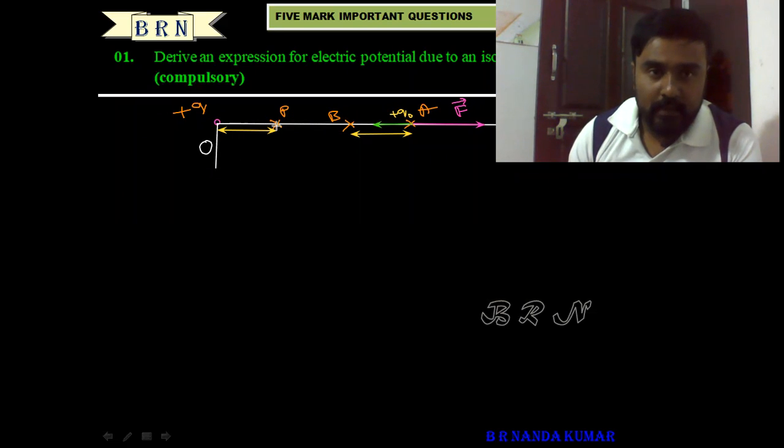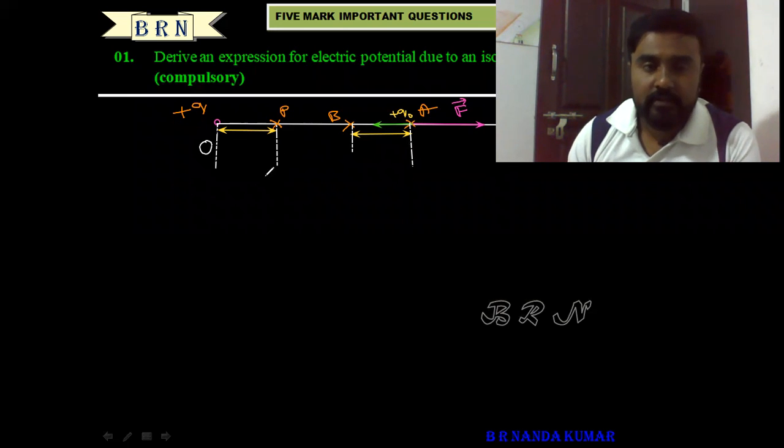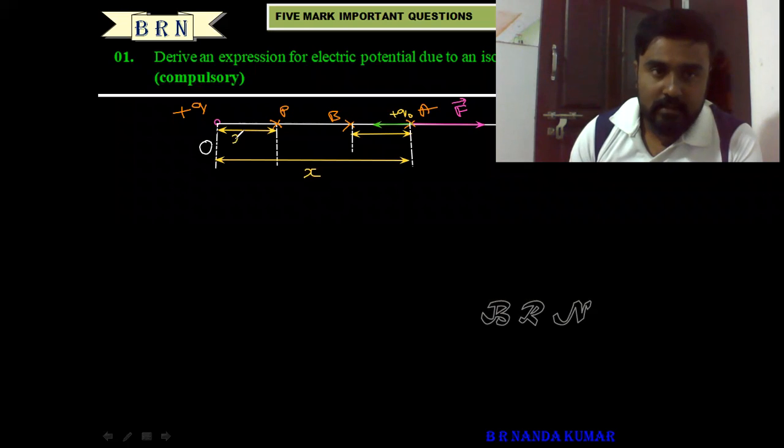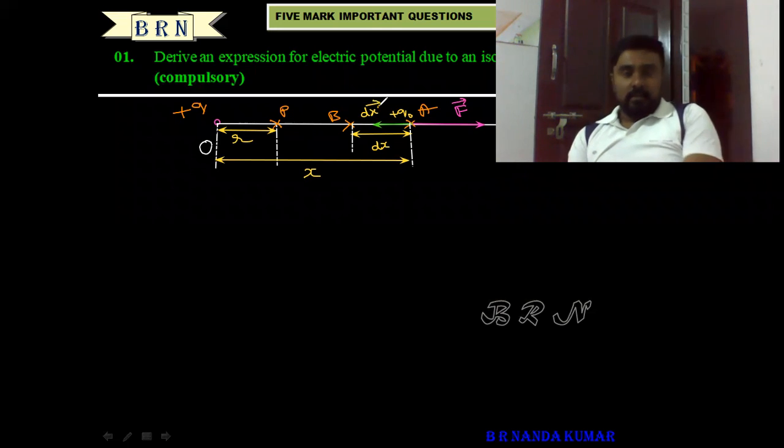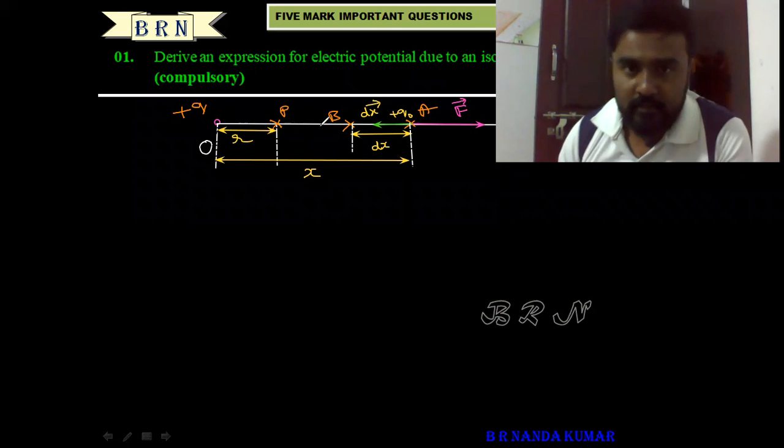The distance from O to P is R. I choose the distance from O to A as x, and from A to B as dx. Take the dotted lines, so the distance comes out correct. So the distance from O to A is x, this is R, this is dx, this is dx vector, right? Write this much in the diagram, that is enough.